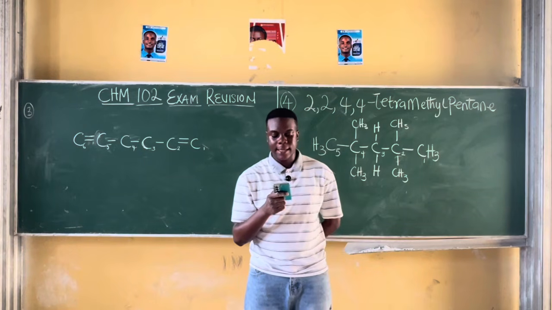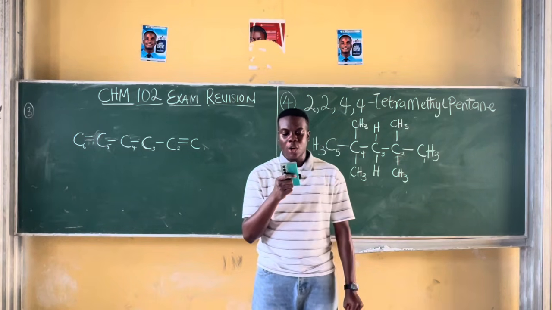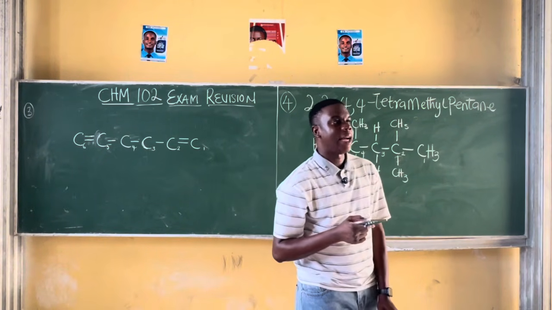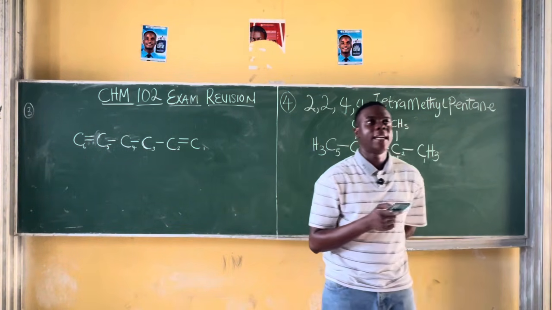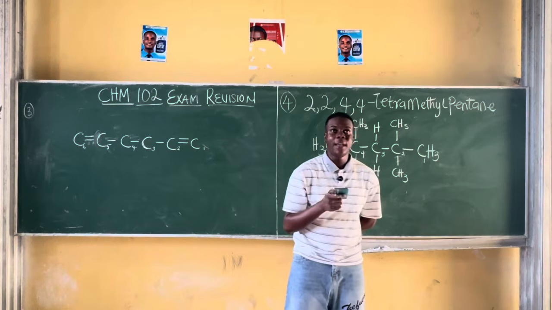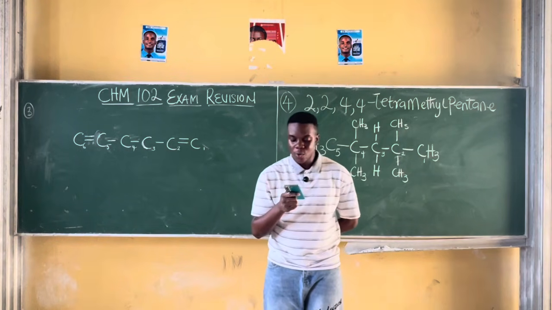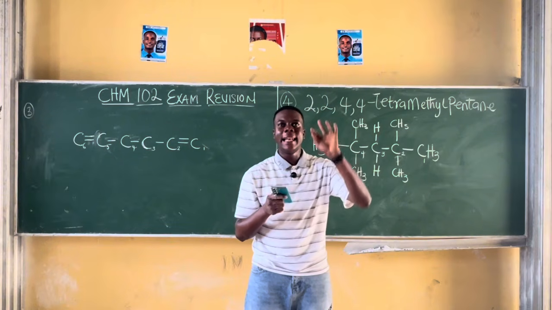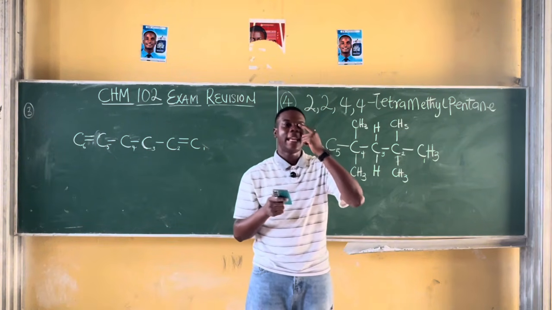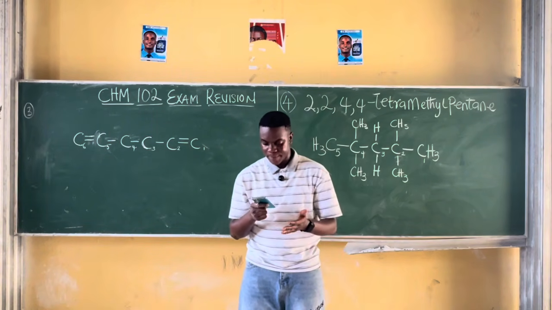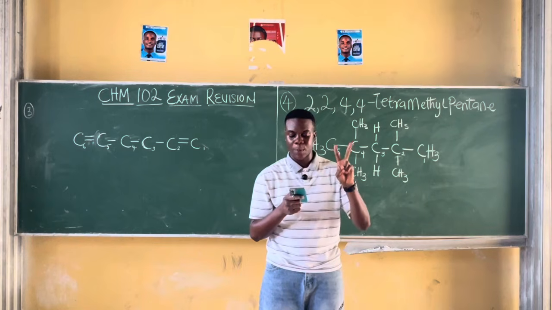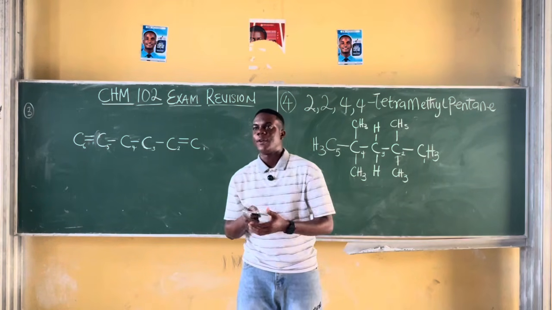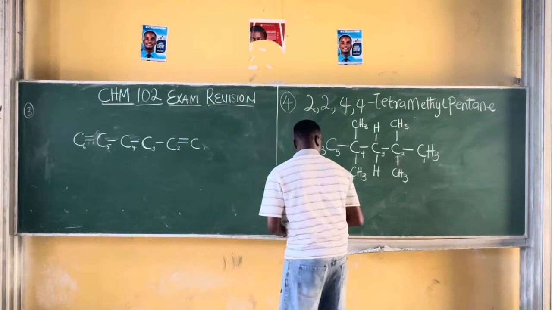Now, the next question says, the addition of HBr, that is hydrogen bromide, to 2-methylpropene gives mainly dash. So let us solve that on the board.